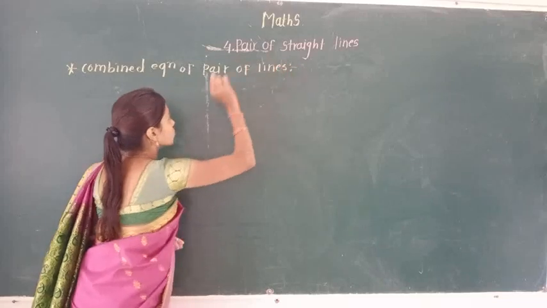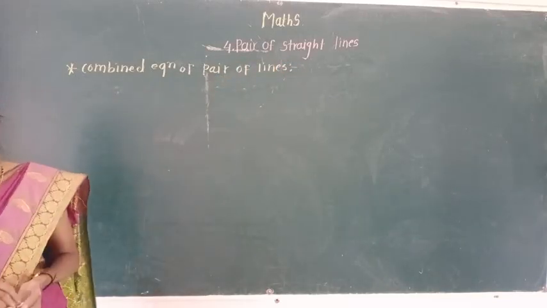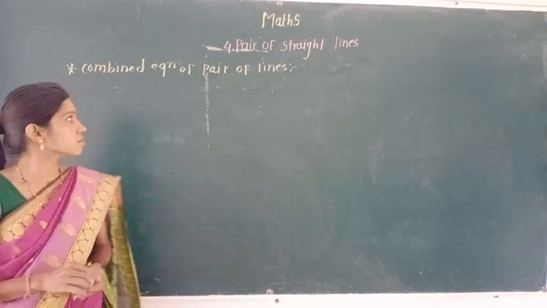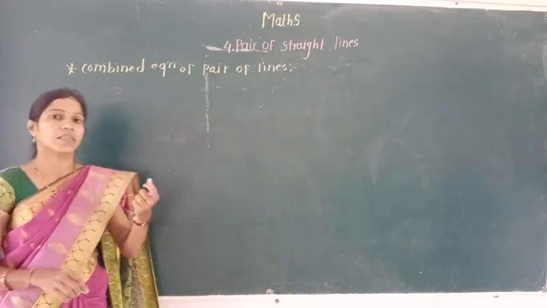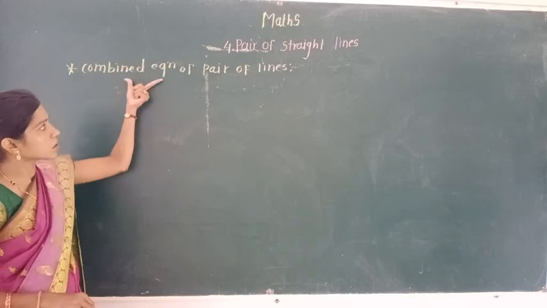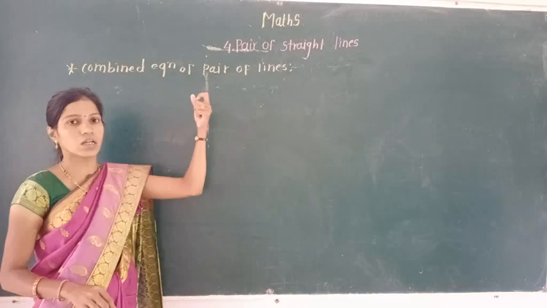Now, what is the combined equation? A combined equation means an equation that represents two lines. That type of equation is known as a combined equation of lines.